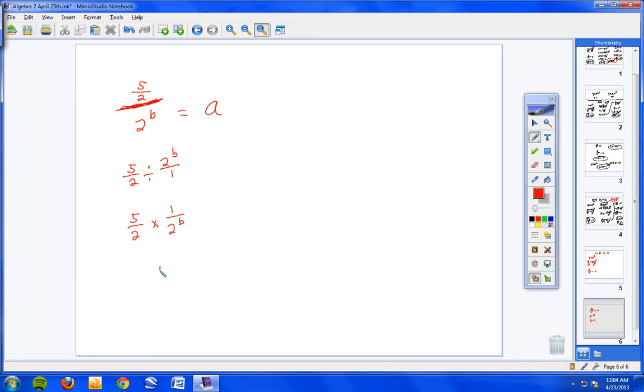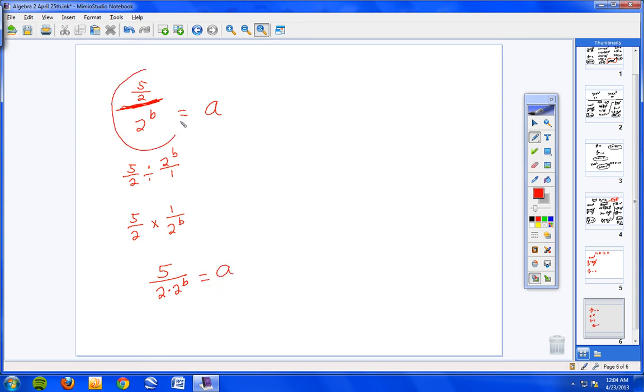So 5 times 1 is 5. Oh, students, please don't put 4b. Do not put 4b. You cannot multiply 2 times 2 until you do your exponent first. And you don't know what your exponent is, so you're going to have to write 2 times 2 to the b. So that is what a equals, okay?